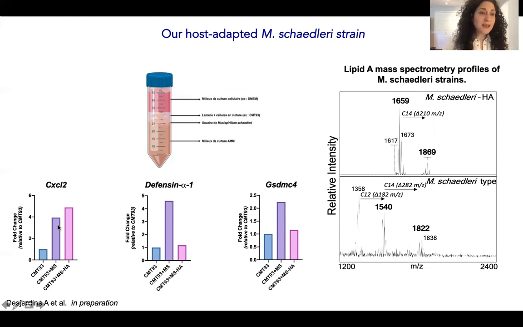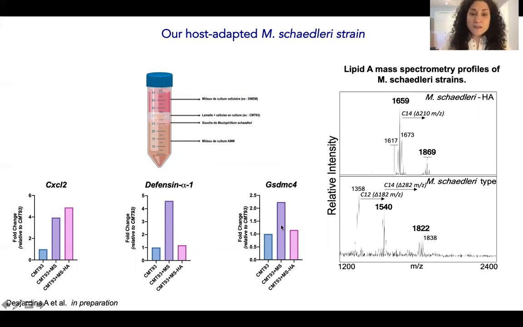What we found is that incubation with the host-adapted M. schaedleri strain induced increased expression of CXCL2, the neutrophil chemoattractant, but, in comparison to the type strain, did not induce very much expression of defensin alpha-1, an antimicrobial peptide, which in comparison is significantly increased with the type strain of M. schaedleri.